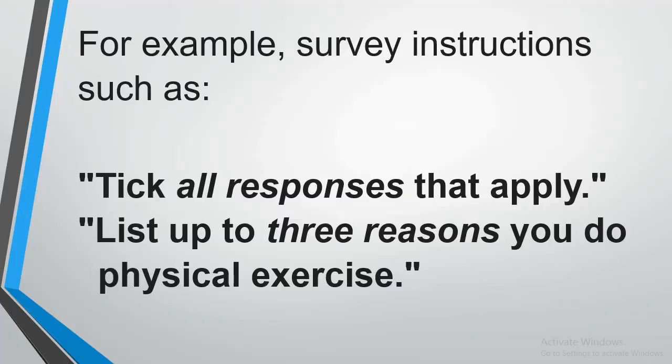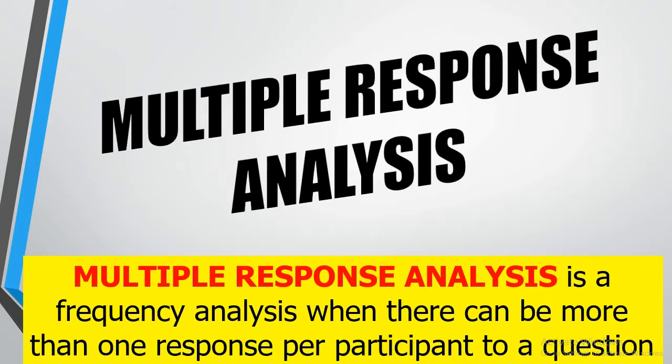Here is another example: survey instructions such as "tick all responses that apply" or "list up to 3 reasons you do physical exercise." These instructions require multiple answers, or multiple responses. And those multiple responses require multiple response analysis.